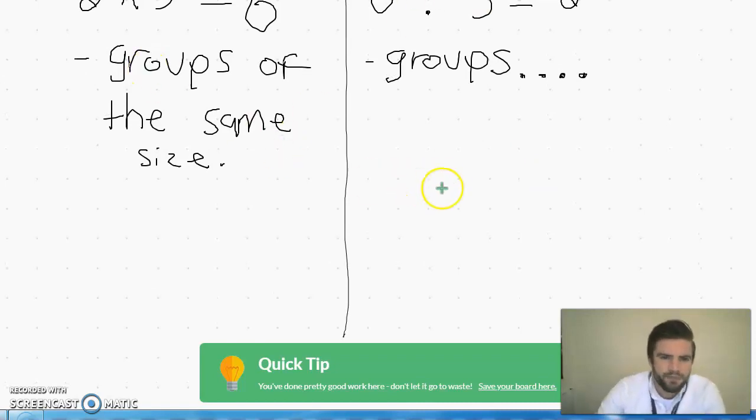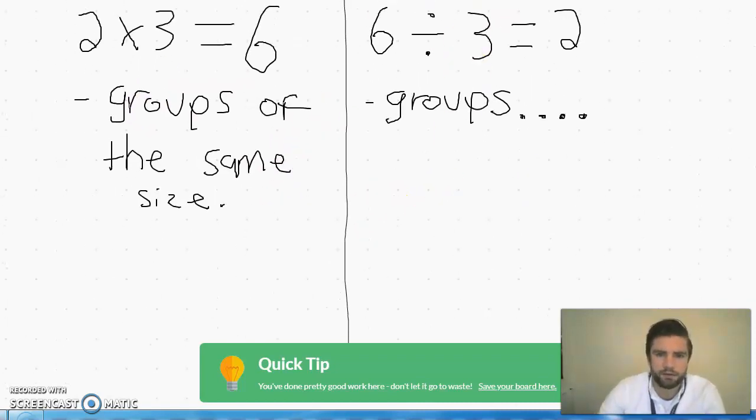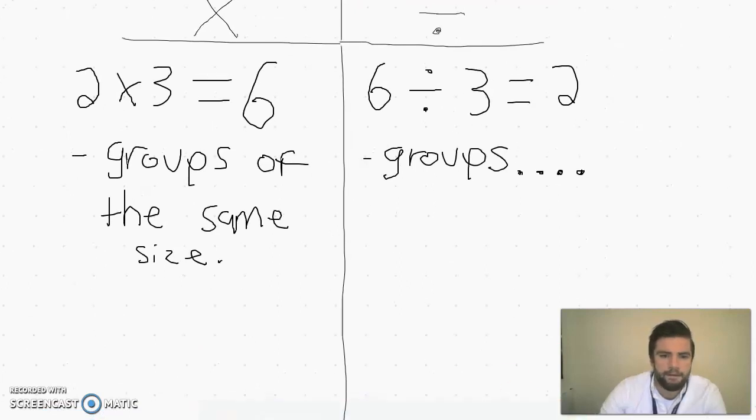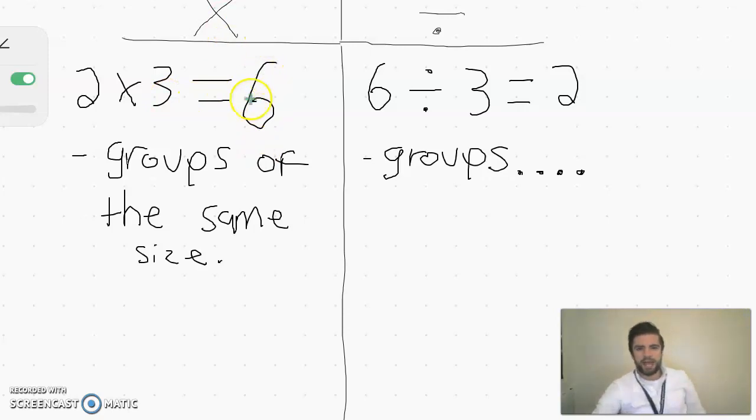So, the next thing we'll talk about is what 2 times 3 really means. So, when we do 2 groups of 3, the number that we end up with is bigger than the numbers we started with. So that's going to be something that's always true about multiplication. The answer is bigger than the numbers.